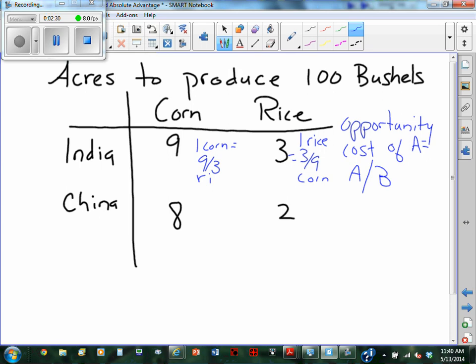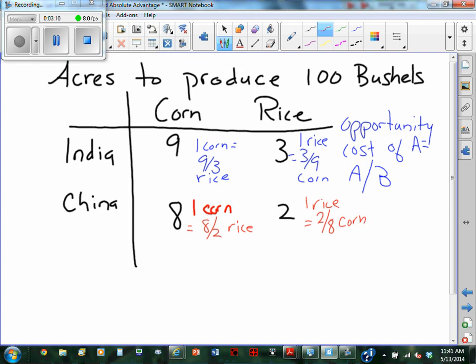It's always expressed in terms of the other possible product. On the other hand, China, for every bushel of corn that China produces, 1 bushel of corn is going to be equal to 8 halves of a bushel of rice. And every bushel of rice that China produces will cost 2/8 of a bushel of corn.